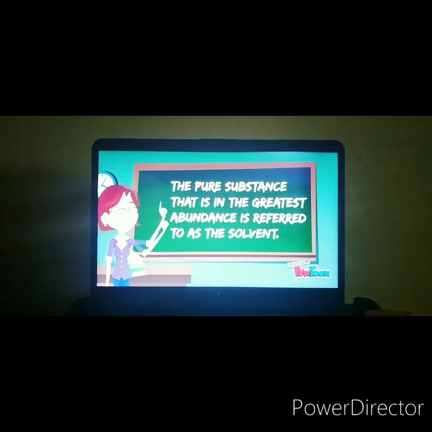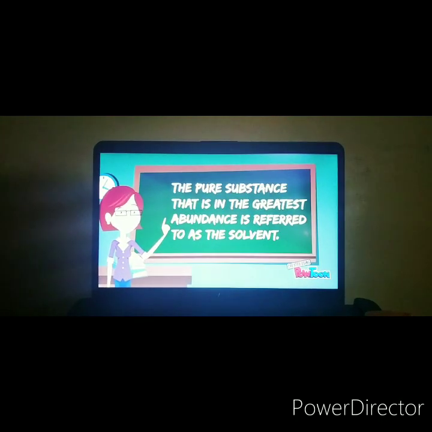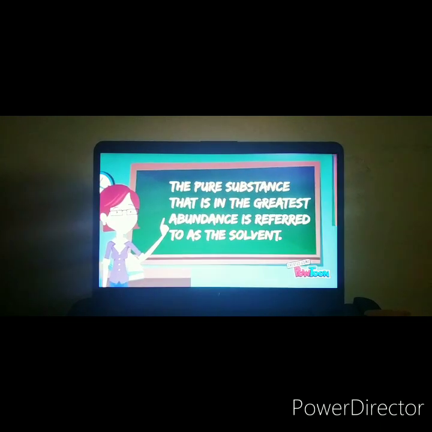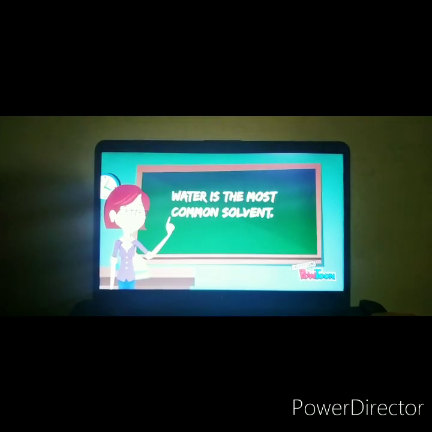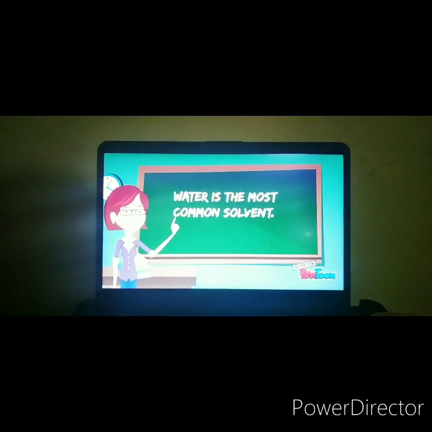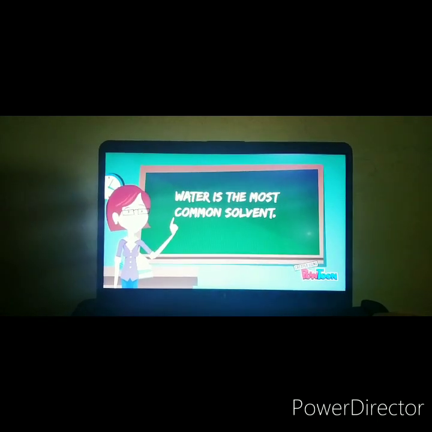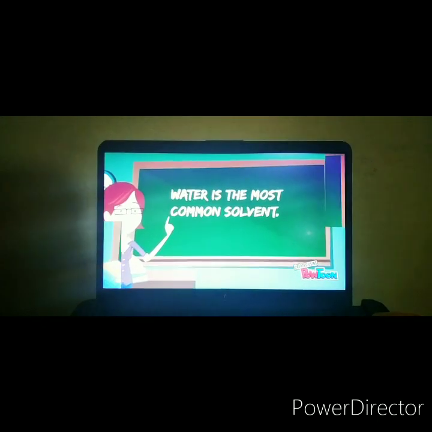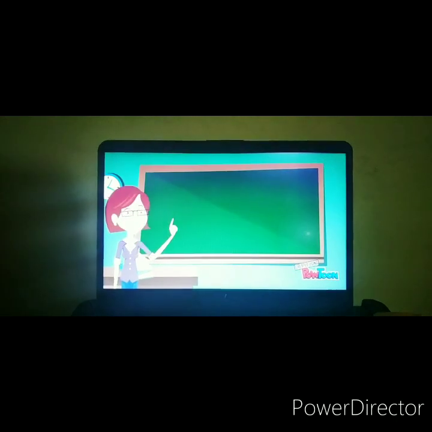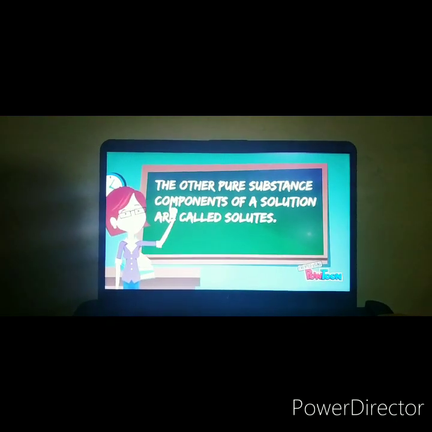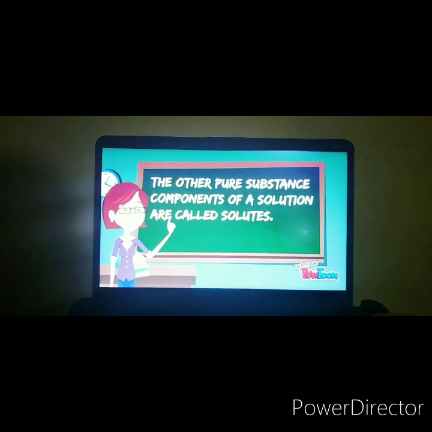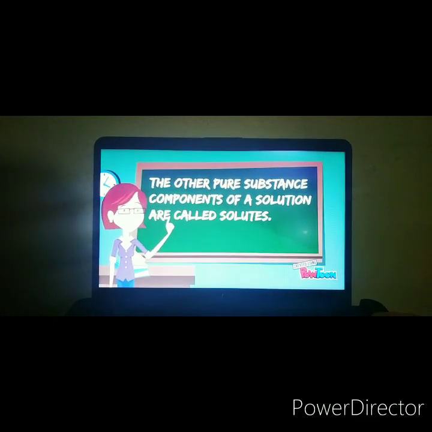The pure substance that is in the greatest abundance is referred to as the solvent. Water is the most common solvent. The other pure substance components of a solution are called solutes.